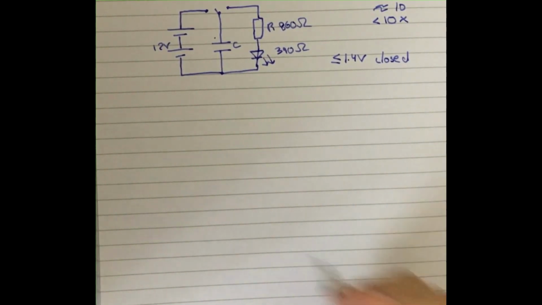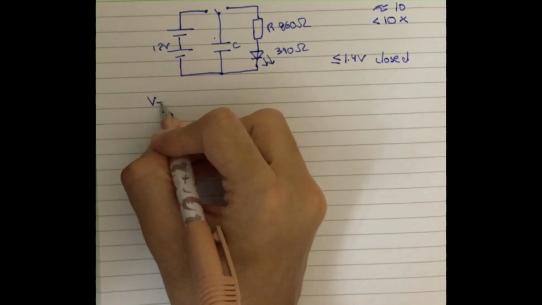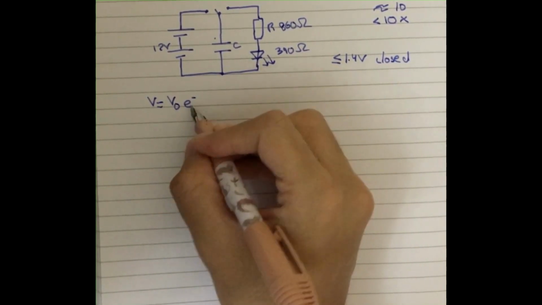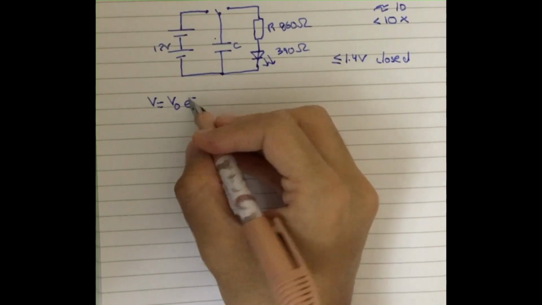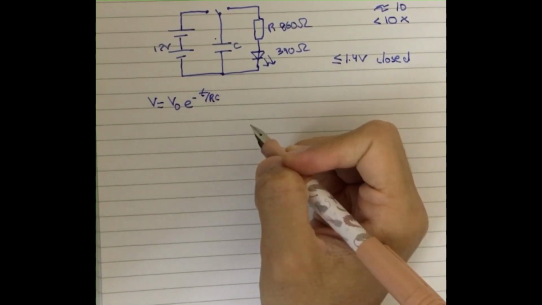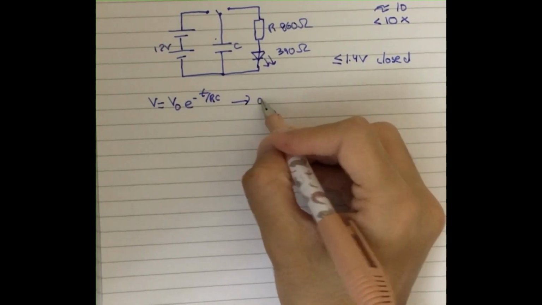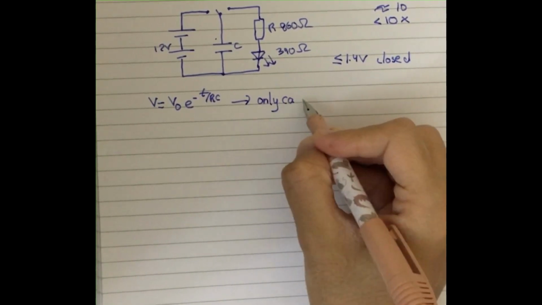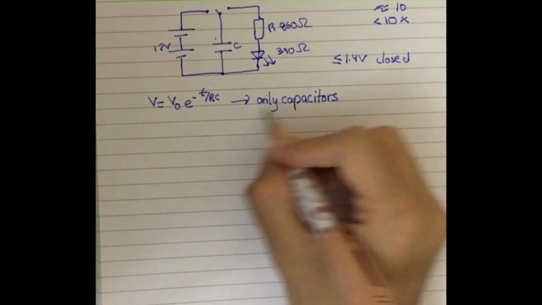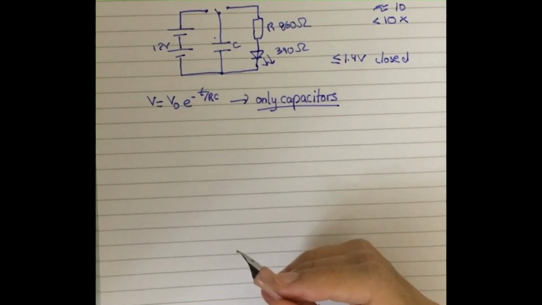The first method is using V equals V initial e to the power minus t by RC, right? And this formula is only used for capacitors, right? Just remember that.